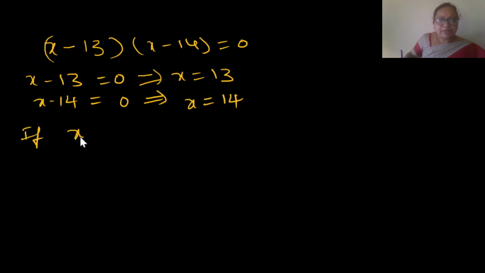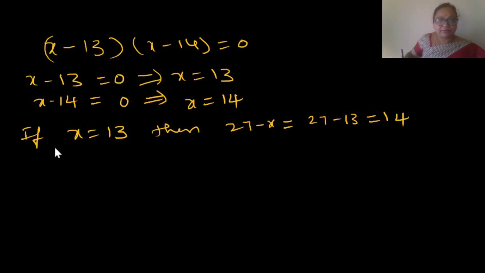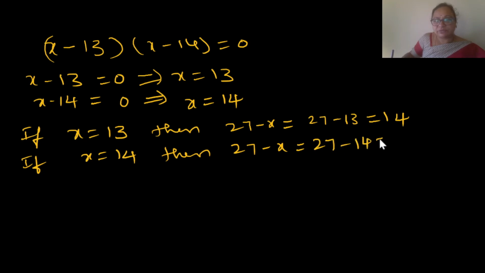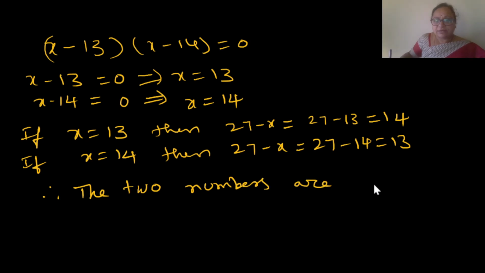If x is equal to 13, then 27 minus x is equal to 27 minus 13, that is 14. If x is equal to 14, then 27 minus x is equal to 27 minus 14, that is 13. Therefore, the two numbers are 13 and 14.